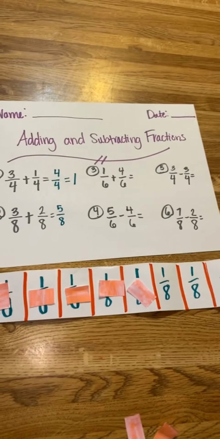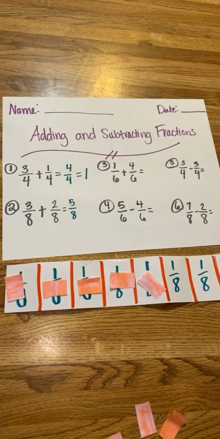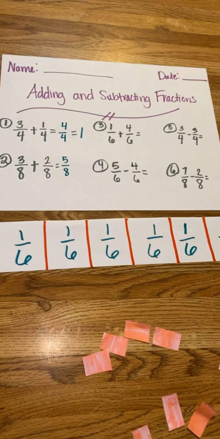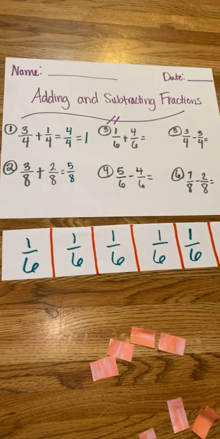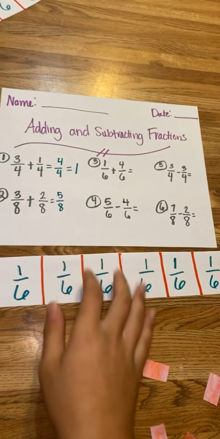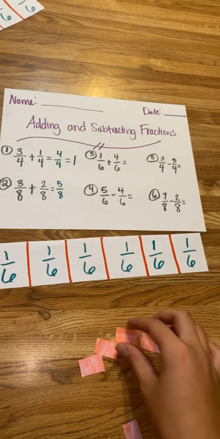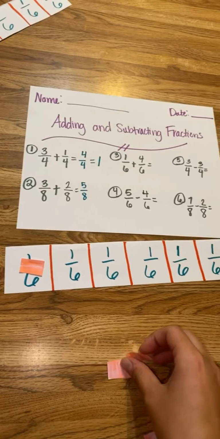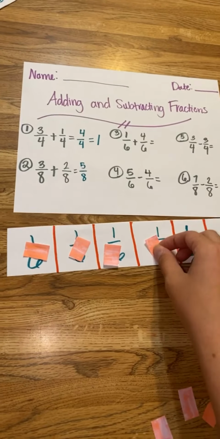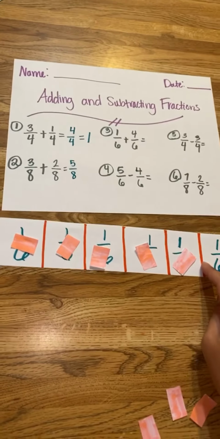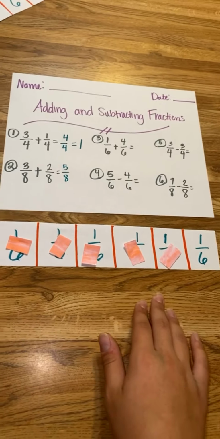Now let's move on and do a sample subtraction problem. We're going to jump ahead to number 4 since it's a subtraction problem. Your students are going to start out with 5/6. They're going to come to their 1/6 piece, and they're going to do 1, 2, 3, 4, 5. Now your students have the fraction 5/6.